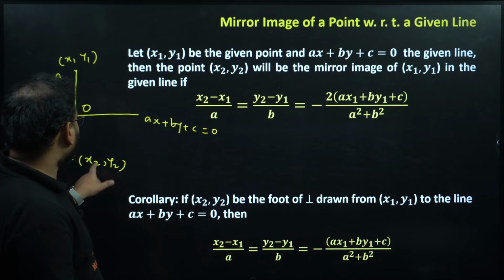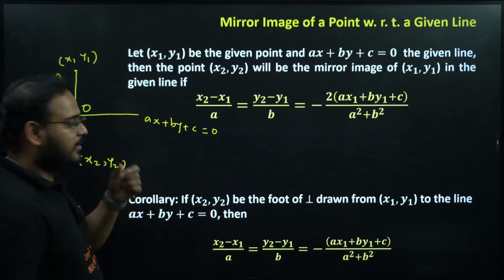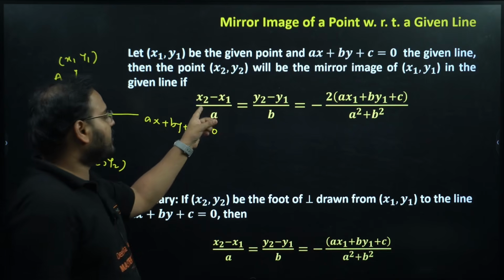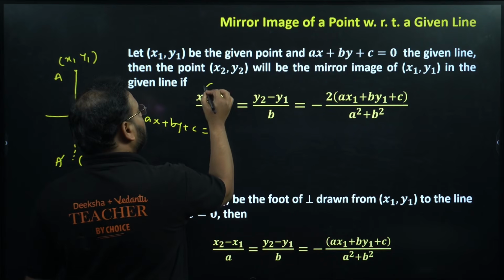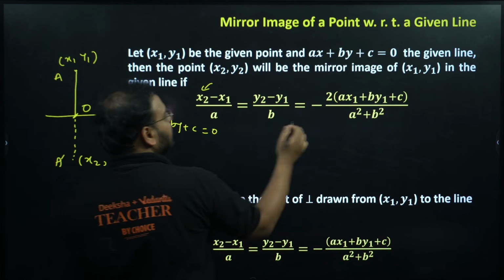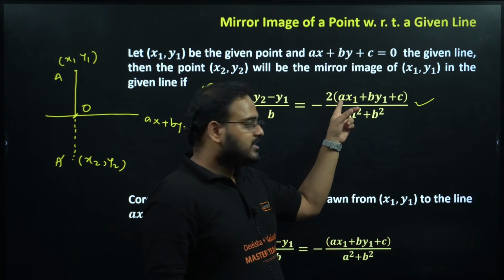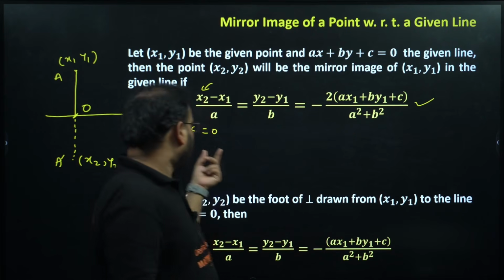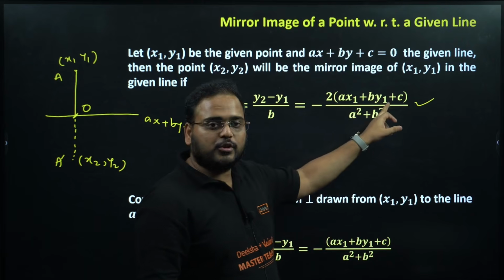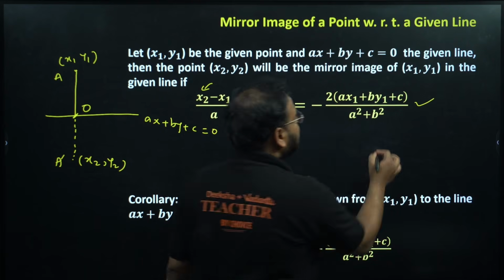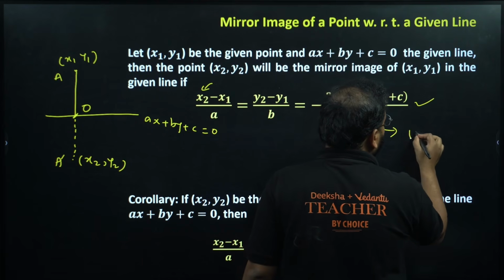Okay, so the point A dash coordinate is given by this. How do you find A dash coordinate, sir? You have to find the unknown value, which is x2. So simply take this result. Please check, everything is known over here. 2 is a constant. Small a is known from the coefficient. x1, y1 is also known, c. So everything in this bracket is known values.